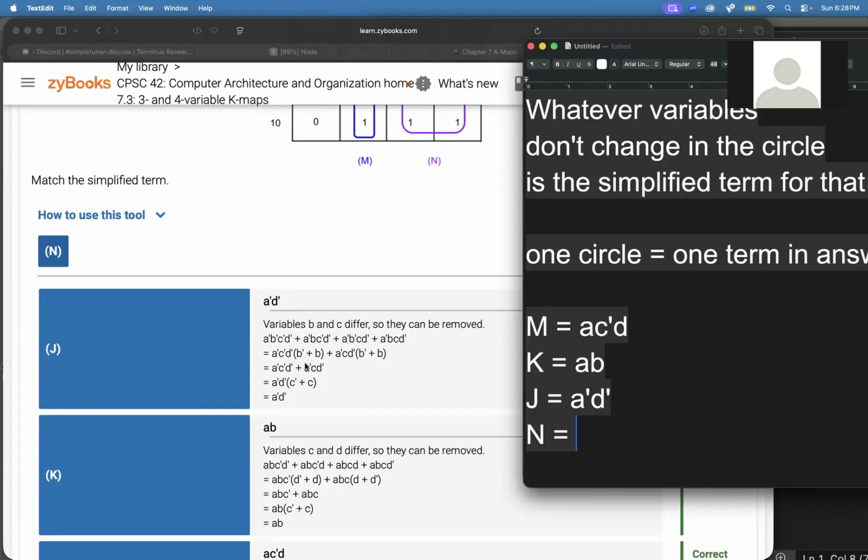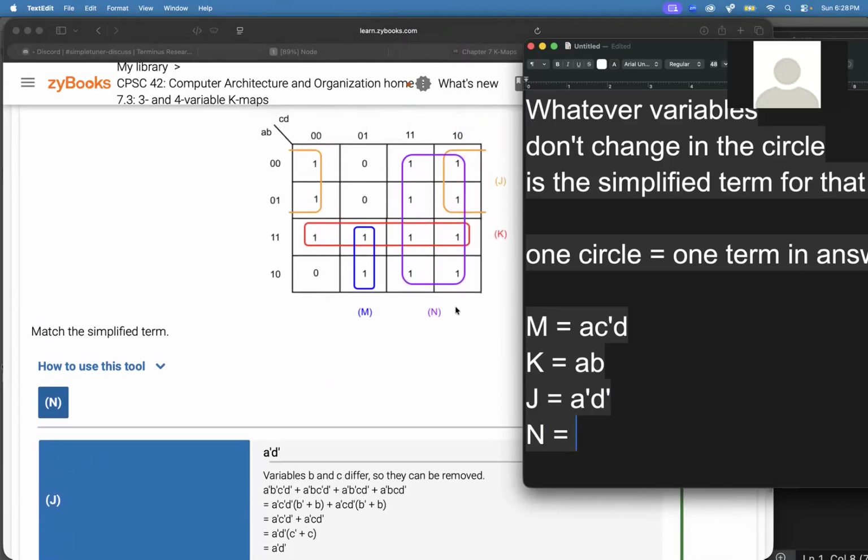N equals. So again, you're asking yourself what does not change. The bigger the box, the smaller the resulting term. So in this big box for N, does A change? We see A0, A0, A1, A1. So A changes, so we don't write it. What about B? B0, B1.